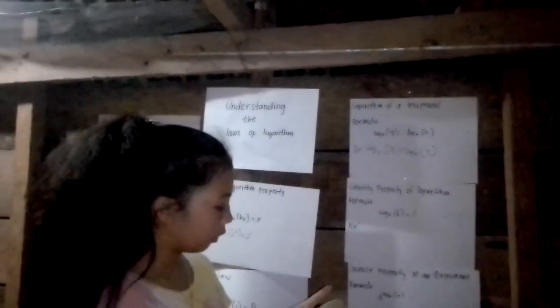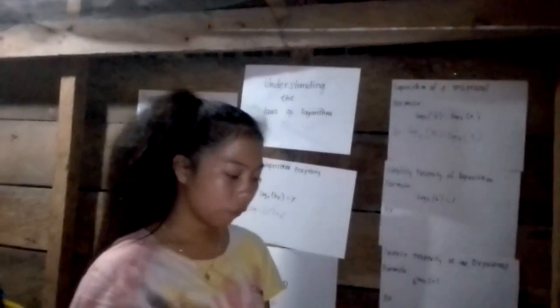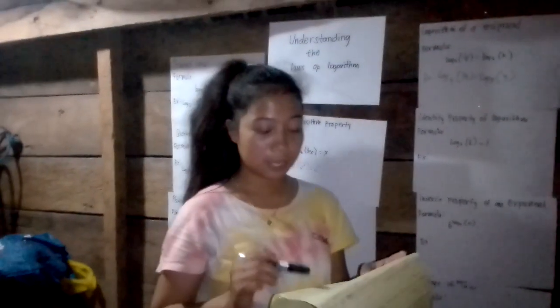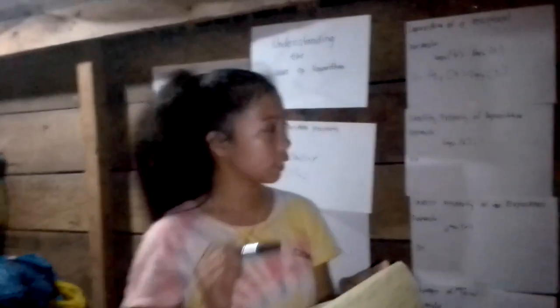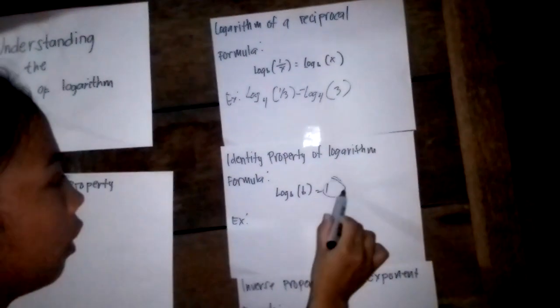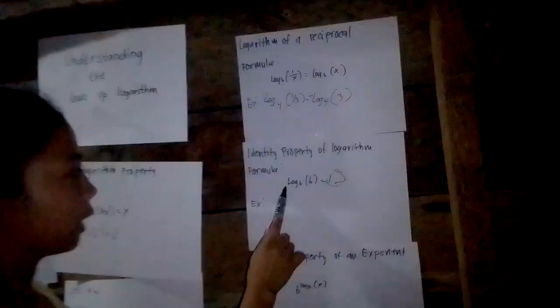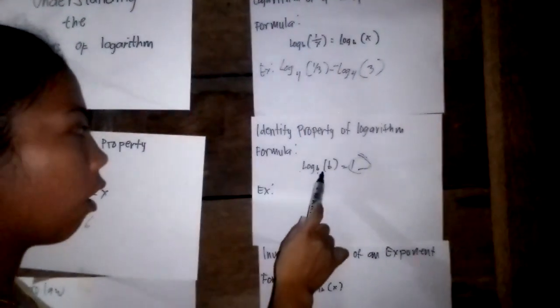Next is the identity property of logarithm. The identity property of logarithm states that the logarithm of a number to its own base is always 1. The formula is log base b of b is equal to 1.